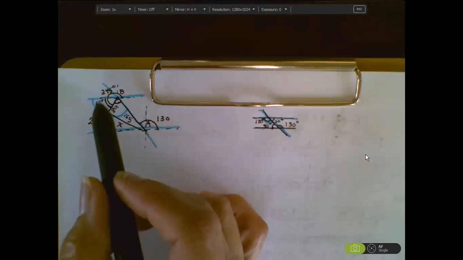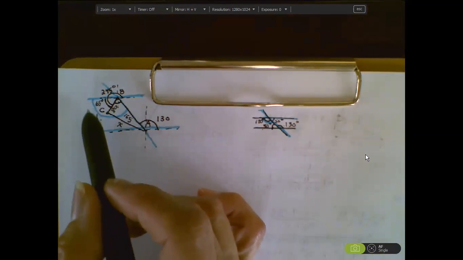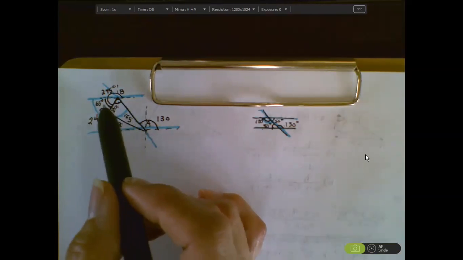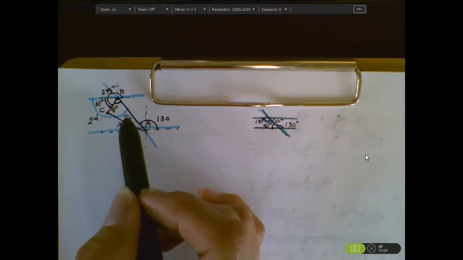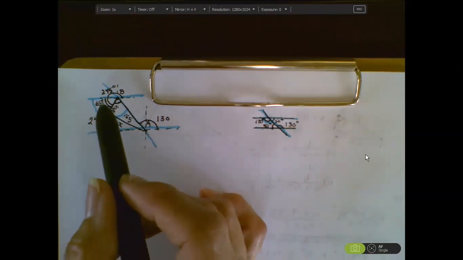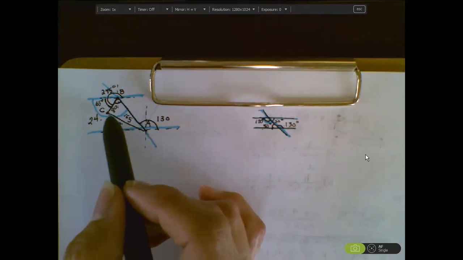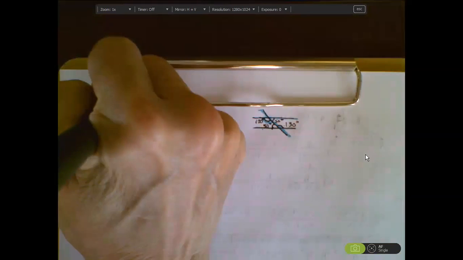So if that whole angle I just highlighted in blue is 130 and this little part is 65, then what does this part have to be?